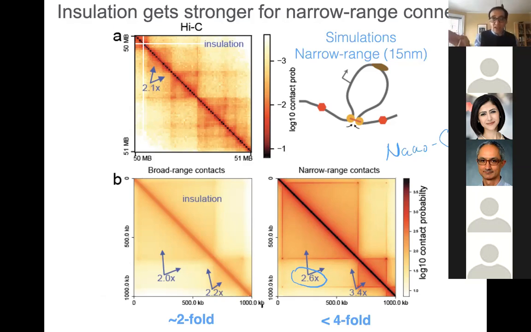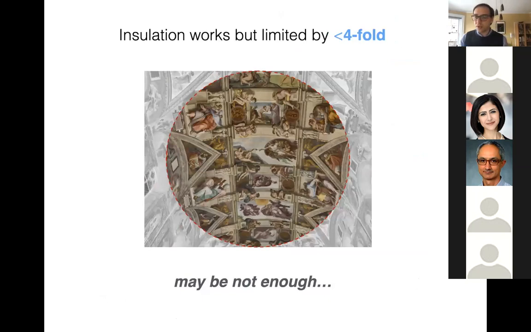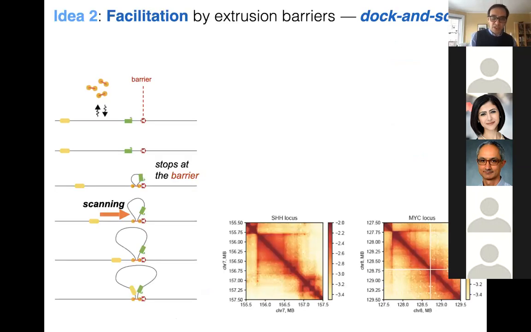Enhancers can talk to other things, even at small contact radius. But this is just to say that insulation might be getting somewhat stronger for direct contacts compared to Hi-C proximity, but this is not enough.